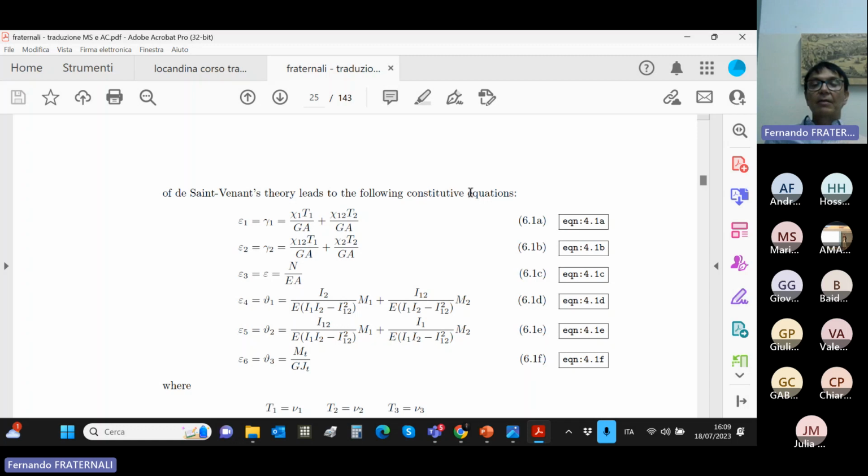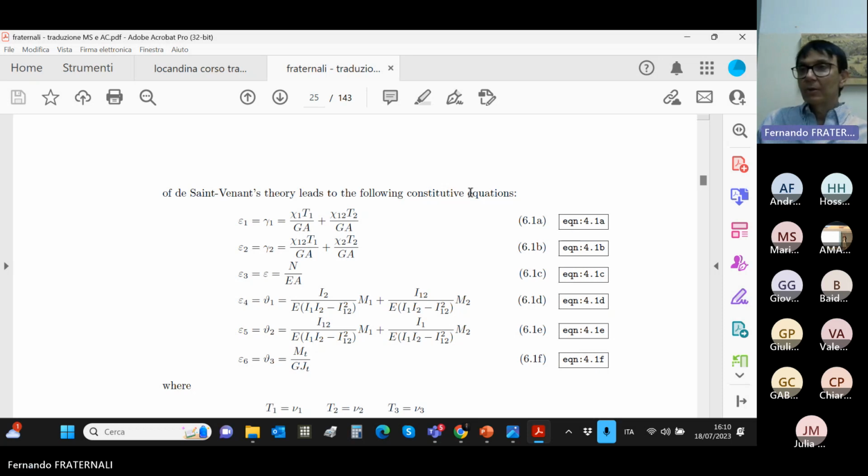We are not assuming that because we are assuming as a triad to which we refer our equations the Frenet triplet: the tangent vector, the principal normal vector, and the binormal vector. These three vectors are associated with the axis line, so with the fact that the axis line has a curvature or maybe a torsion.